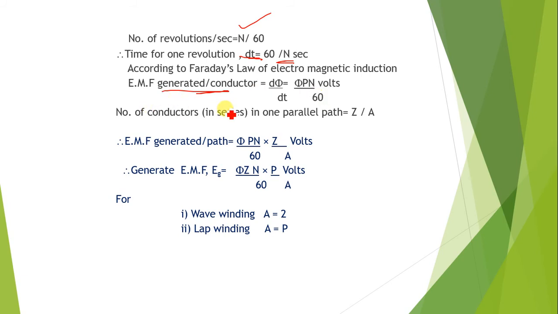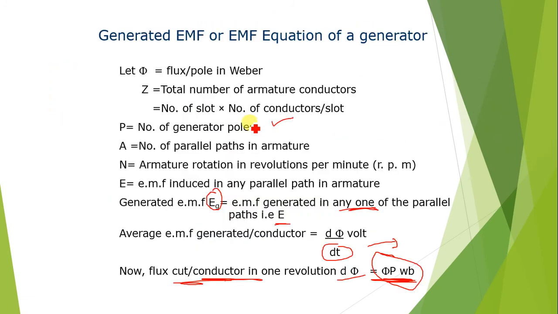The number of conductors in series in one parallel path is Z by A. Z is the number of armature conductors, that is, the number of slots into the number of conductors per slot.